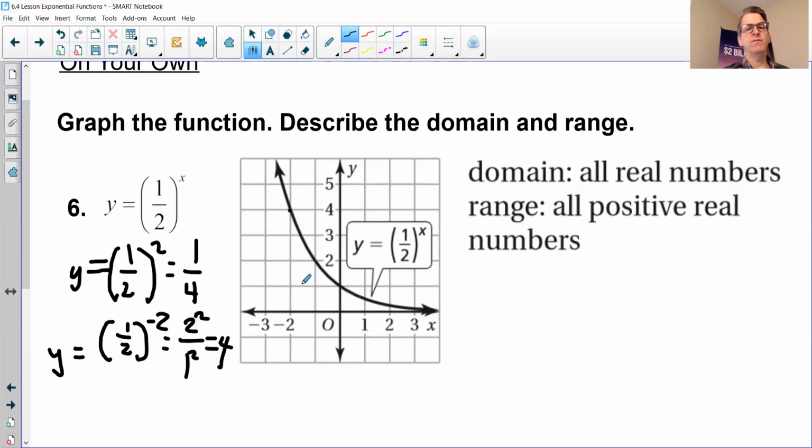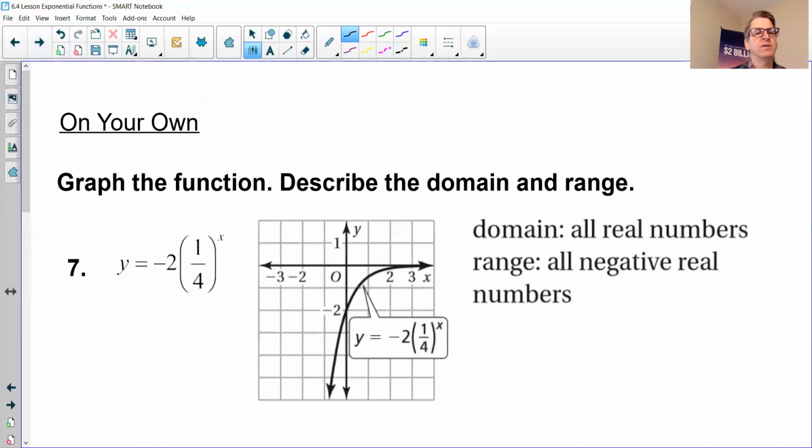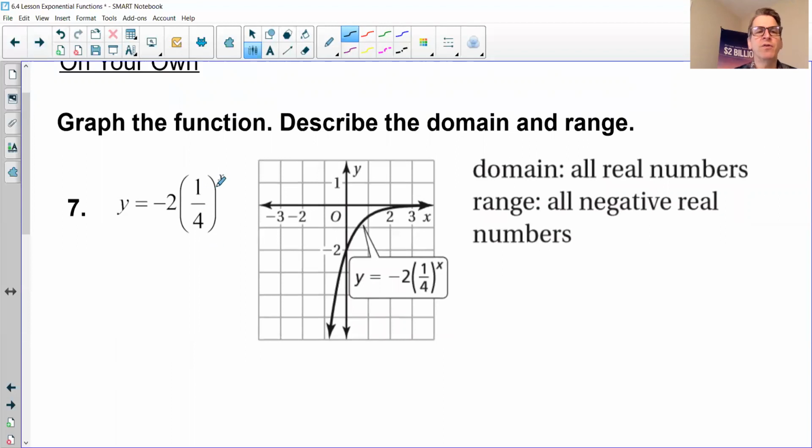Let's look at one more before we go on to our last one, number 8. This is number 7 on your own: y is equal to -2 times 1/4 raised to the x. As x gets larger, y is negative and gets really small. If x is 1, you have -1/2. When x is 2, you have a very small number, and it gets smaller as you go that way.